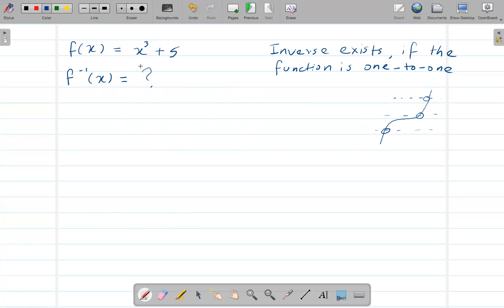So the way we find the inverse is, f of x is equal to x to the power 3 plus 5, which is given. To find the inverse, the first thing we have to do is change this f of x to y. Everything else is going to stay the same. After this, interchange x and y, which means change this y to x and this x to y.